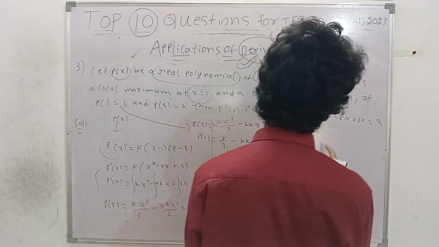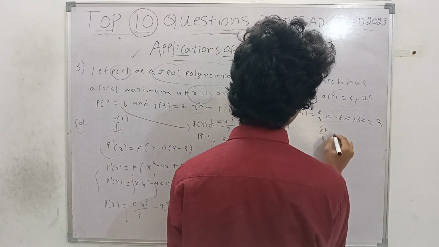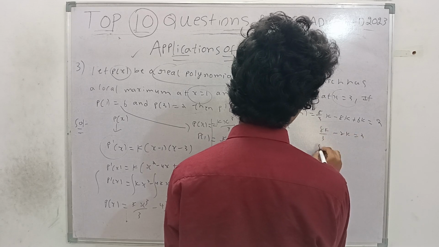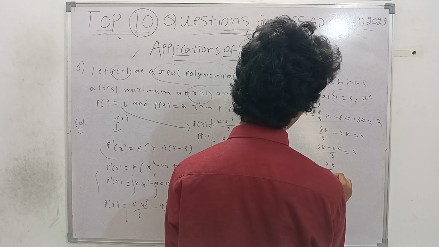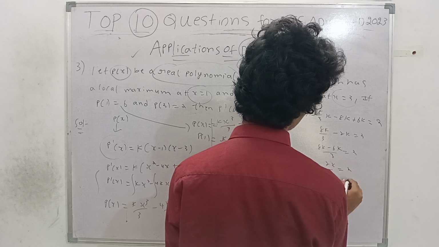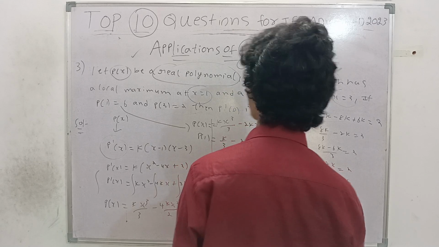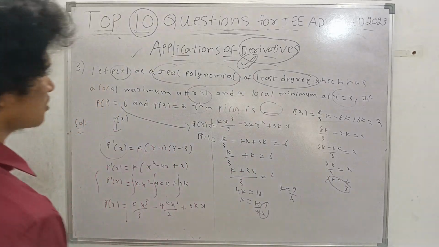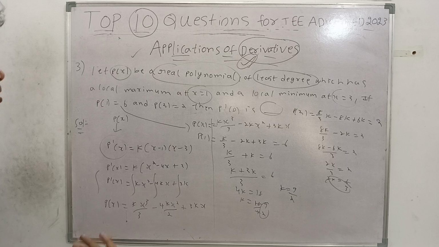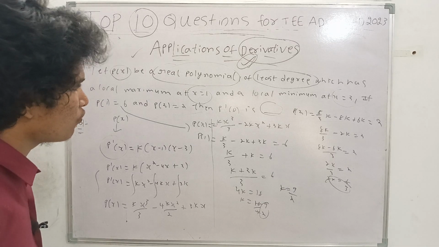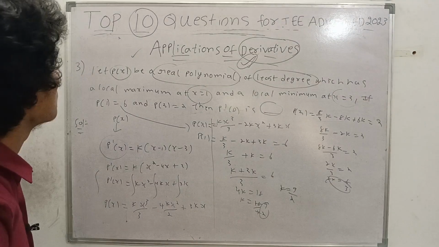Now 8k by 3 minus 2k equal to 2, 8k minus 6k divided by 3 equal to 2, 2k by 3 equal to 2, 2k equal to 6, k equal to 3. We are getting two values here.